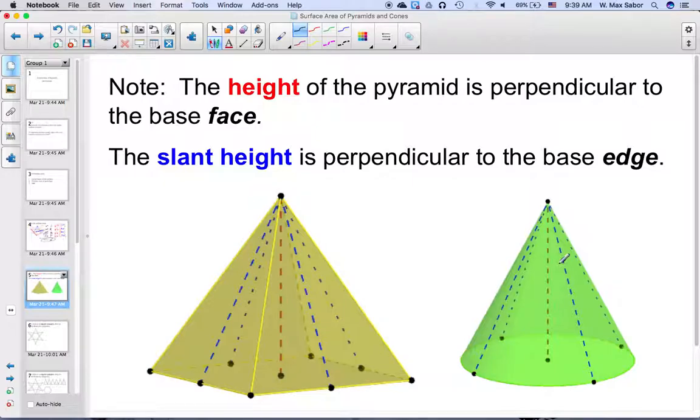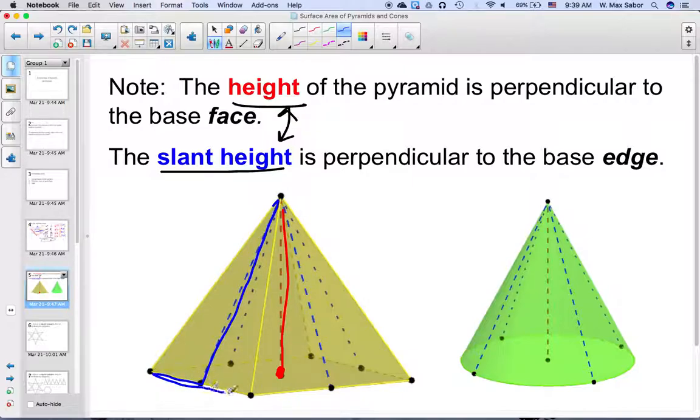Note that the height of the pyramid is perpendicular to the base face. Height and slant height are different. The height you see in red here goes straight down. The slant height is perpendicular to the base edge.